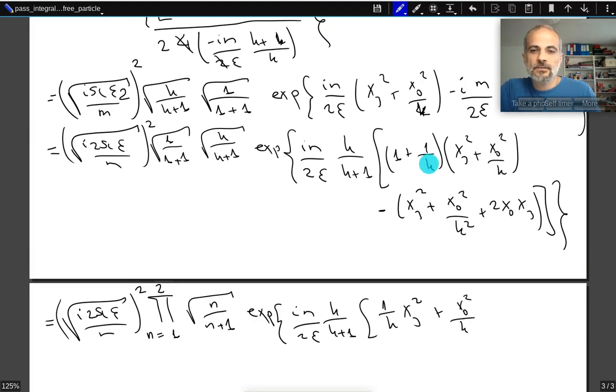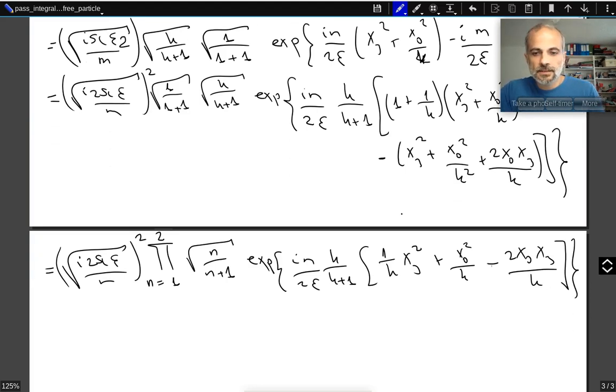Then this term multiplied by this term will give me plus x0 squared over k squared. But here I have a minus x0 squared over k squared, so they will also cancel. And then I will have this term over here, where, by the way, I forgot a factor k over there. Then I have a minus twice x0 x3 over k. Well, each one of these terms has a factor of 1 over k, so they will cancel this one.